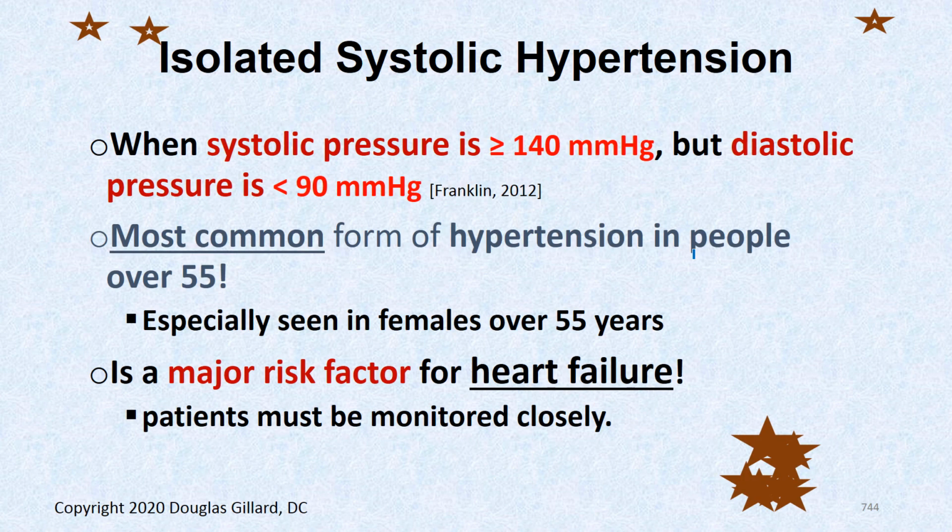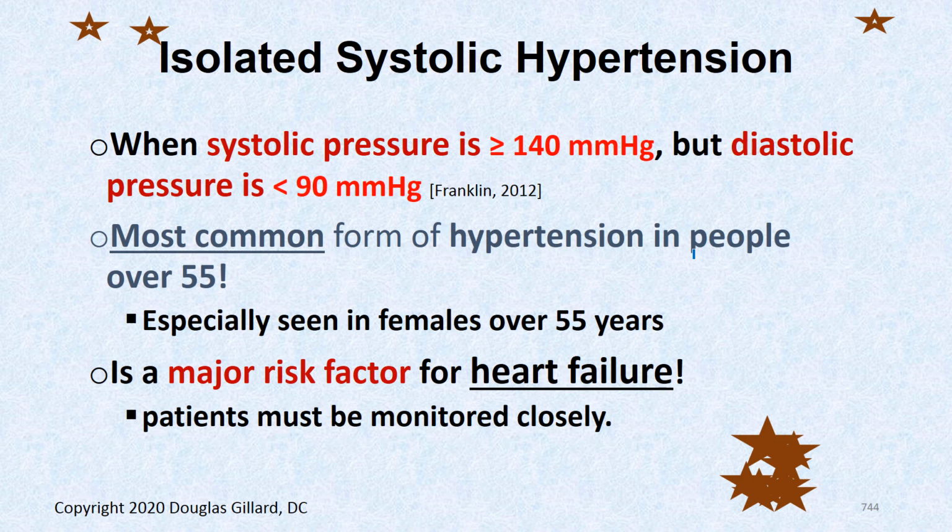All right, should we go down here? Let's do isolated systole. So you can have systolic hypertension only. That occurs when systole is at or greater than 140 and diastole is still under 90. That's isolated systolic hypertension.